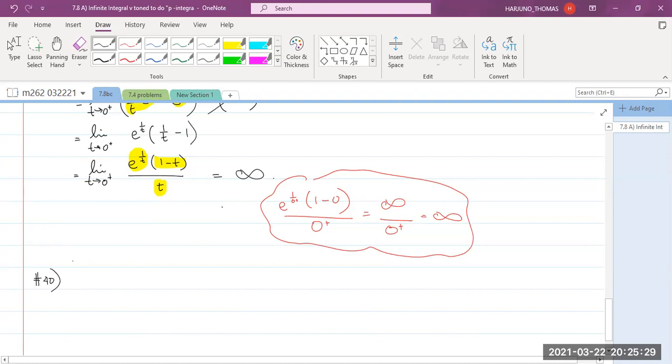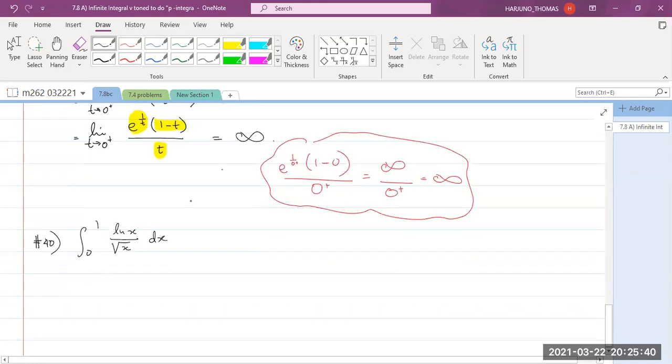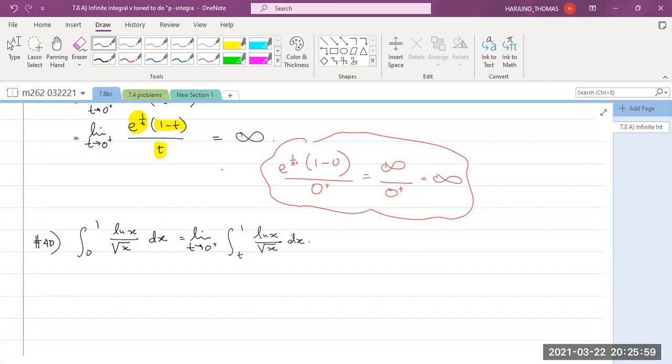Number 40: integral from 0 to 1 of natural log of x over square root of x dx. Again, there is a singularity at 0. How do we do this?